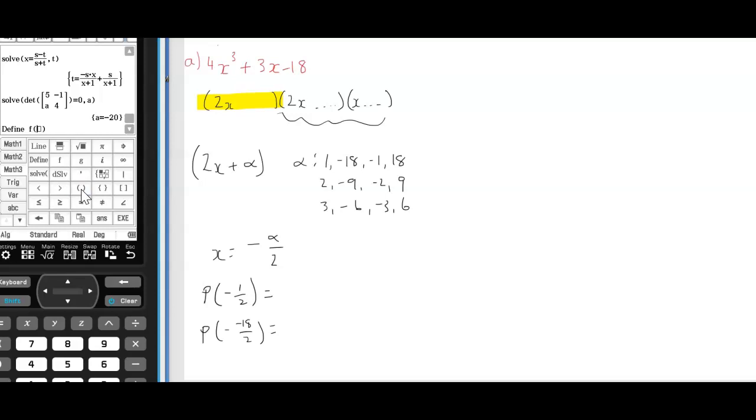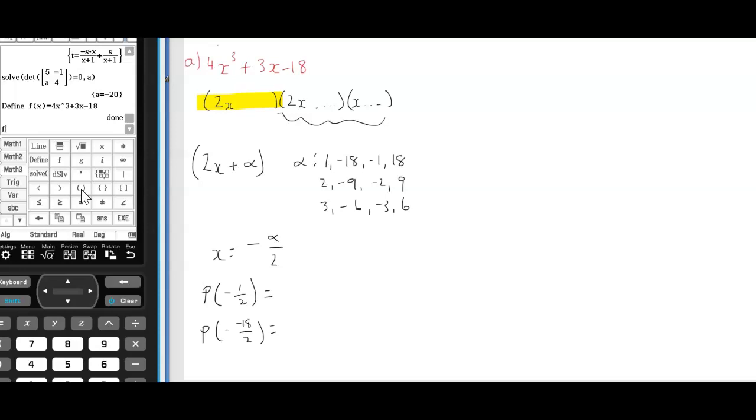In this example I've called it p as well, but f is fine. We're just substituting in for different values of x. So I'm going to define this function: 4x to the power of 3 plus 3x minus 18. All I'm doing now is telling the calculator that I want it to remember this function.